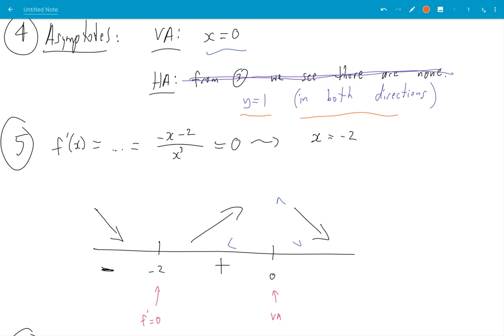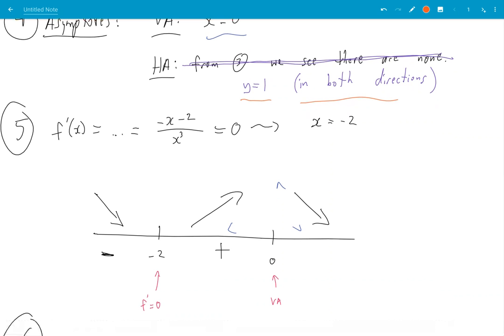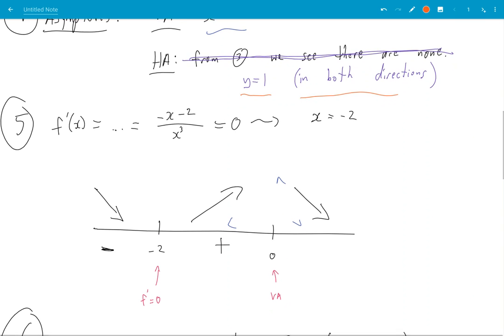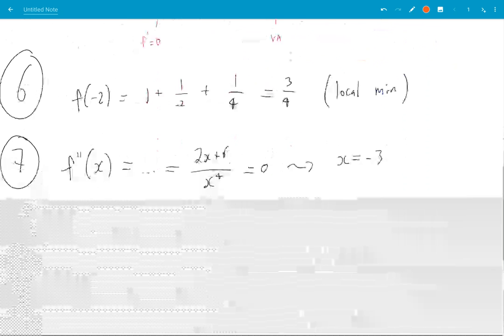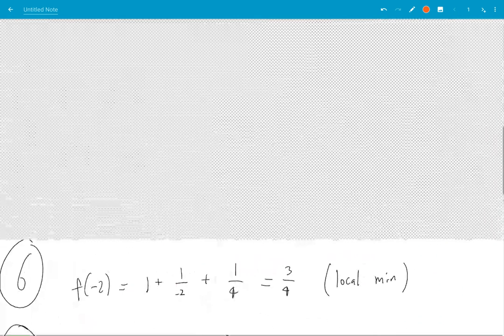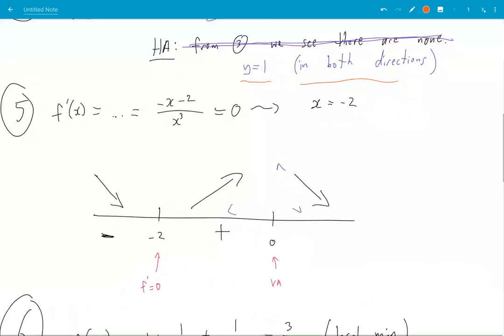That gives me the minus 2 on my number line here. The 0 on my number line, which is an important thing to remember, is my vertical asymptote. So always put vertical asymptotes on your number lines for 5, and also later on in 7. We're going to have it on our concavity number line.